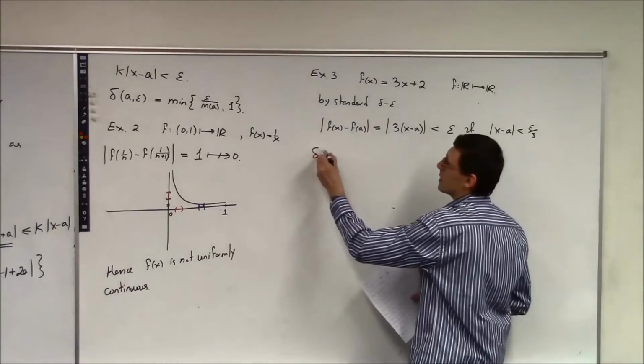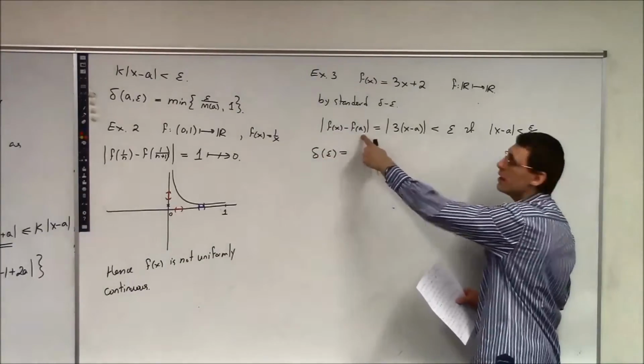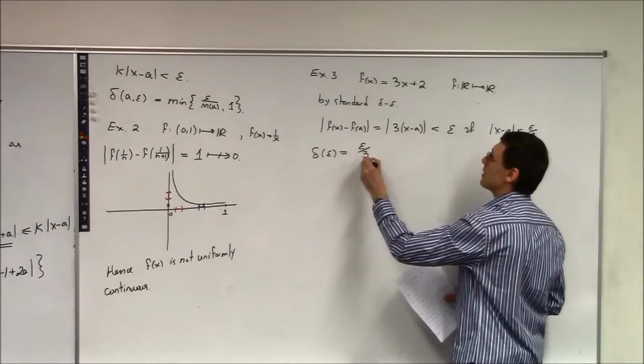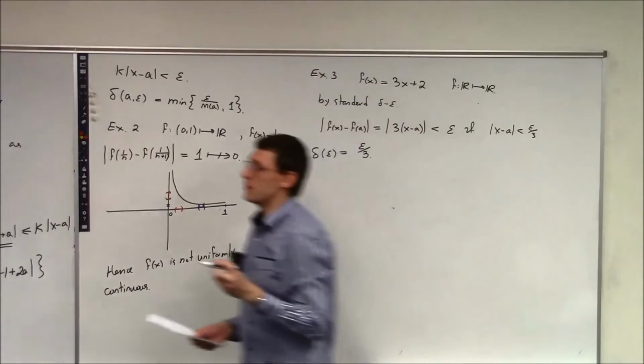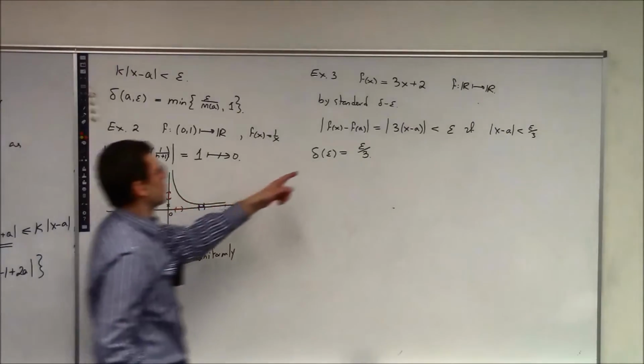So you can just take delta of epsilon. Notice there is no dependence on this value a. Delta of epsilon is epsilon divided by 3. Now, in terms of what this function is doing, it's pretty clear why it's epsilon over 3.